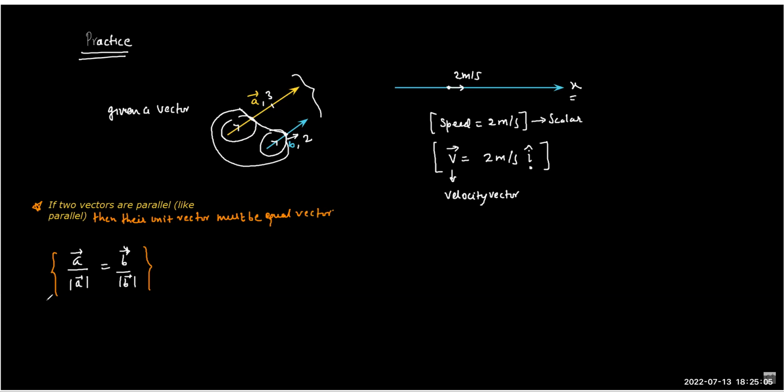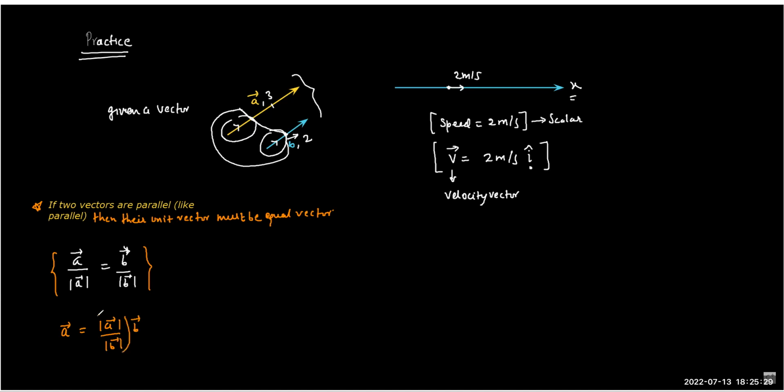So that is the most important concept: how to relate two vectors once you know they have the same direction. Understood? So if you write A vector in terms of B vector, how can you write it? Mod of A upon mod of B into B vector.